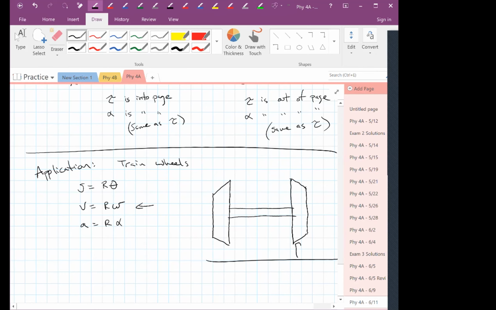Let's say the train veers a little off to one side. So on one wheel, it's making contact over here, and on the other wheel, it's making contact over here, because the train is veering off a little bit to one side. It's moving off to the right as we're looking at it. If the train was moving away from us, it would be veering off to the right.